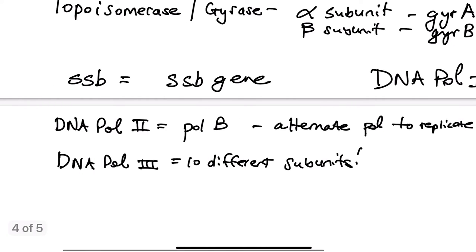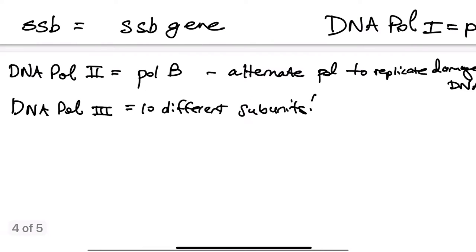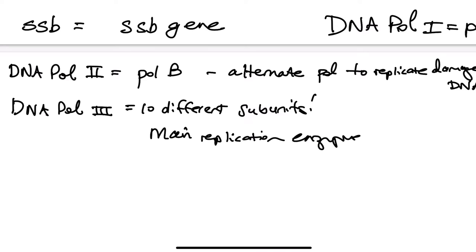Let's go next to DNA pol 3, the one we said has 10 different subunits. Normally, this is our main replication enzyme, and it is going to be responsible for copying the nucleotide base pairs.